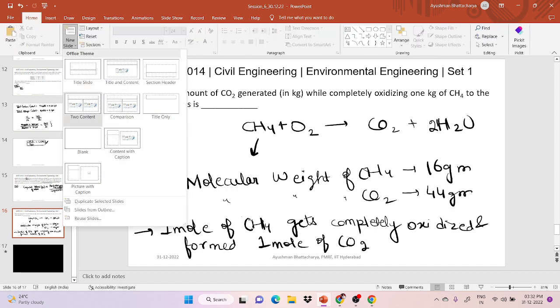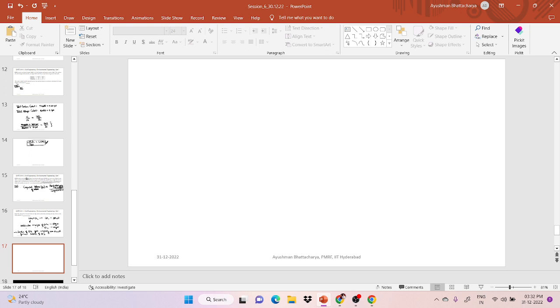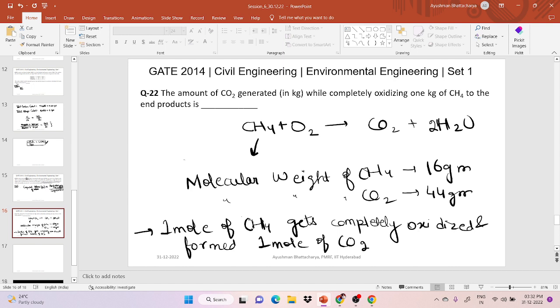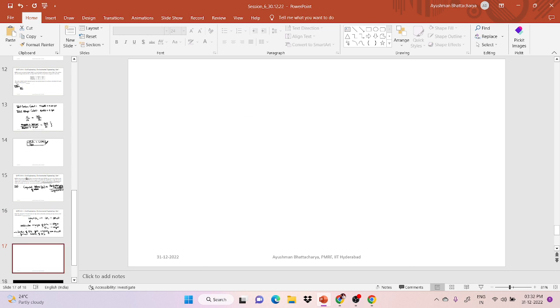Since 1 mole of CH4 forms 1 mole of CO2, and the molecular weight of CH4 is 16 grams, 16 gram of CH4 when oxidized produces 44 gram of CO2.